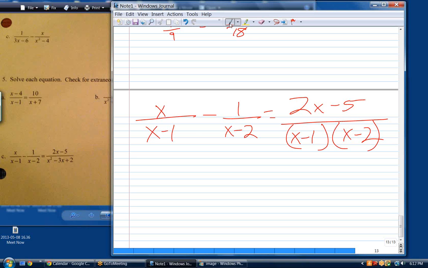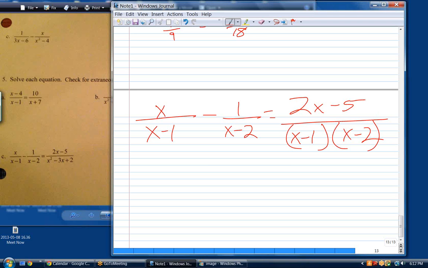When we find a common denominator, we're only allowed to multiply each fraction by the number 1. When we're doing this technique, I'm going to multiply the whole left side of the equation by something and the whole right side of the equation by something. What's that something going to be?